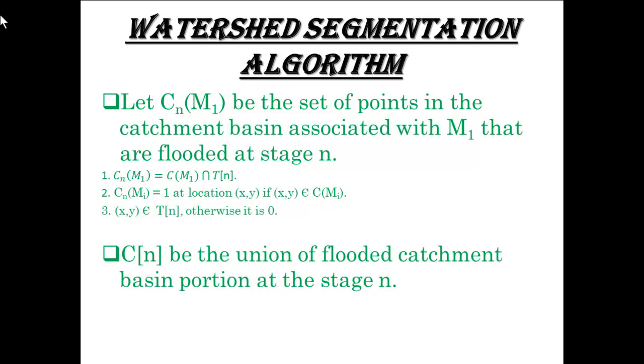Let C[n] be the union of the flooded catchment basin portions at stage n. C[n] equals the union of Cn(Mi) for i equals 1 to R. C[max+1] equals the union of C(Mi) from i equals 1 to R.